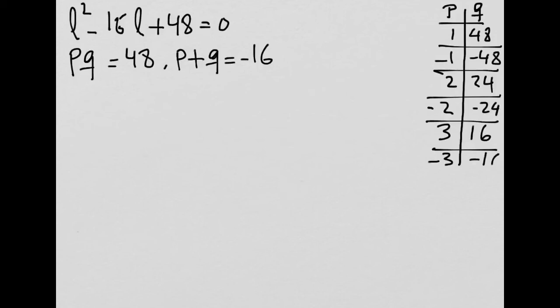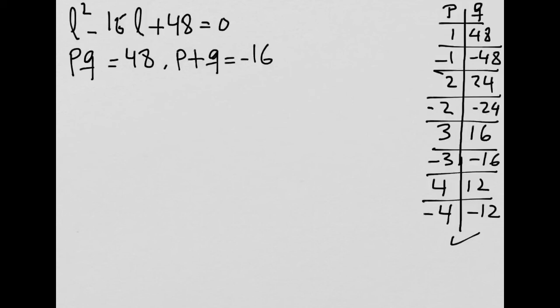Minus 3 and minus 16 doesn't work. Next we have 4 and 12 doesn't work. But minus 4 and minus 12 does work. Minus 4 times minus 12 is 48. Minus 4 plus minus 12 is minus 16.